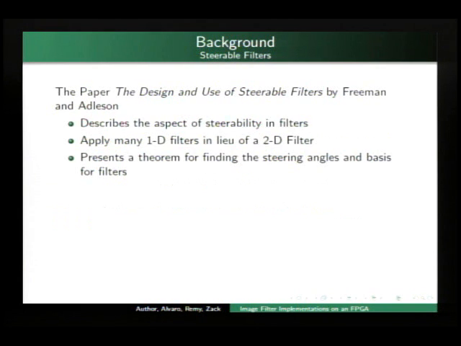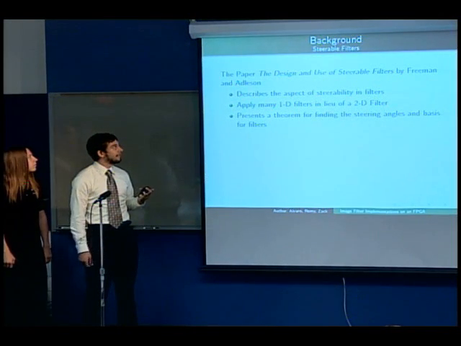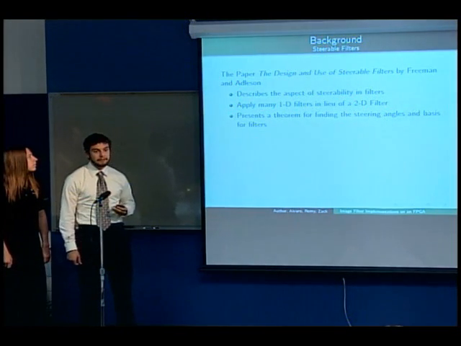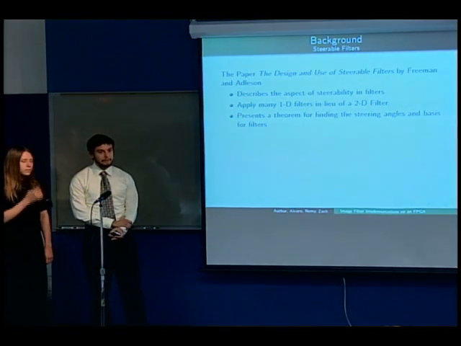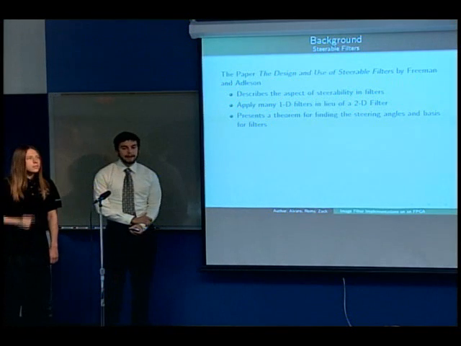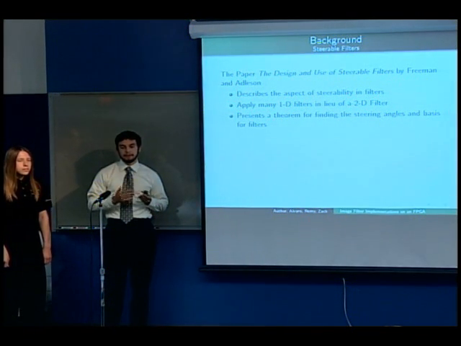And I'm going to talk about a couple papers. I've done a lot of the background search for this group and immersed myself in this field to take what we can. One of the most important papers is the design and use of steerable filters by Freeman and Adelson, and it was 1991. It describes the aspect of steerability in filters, and also finding the basis vectors of certain 2D filters to apply at certain angles.